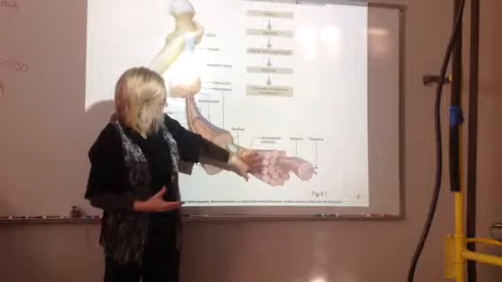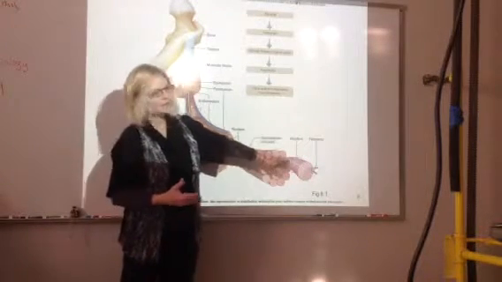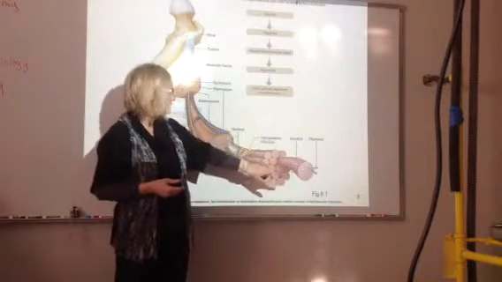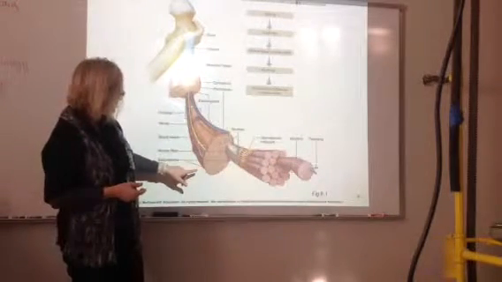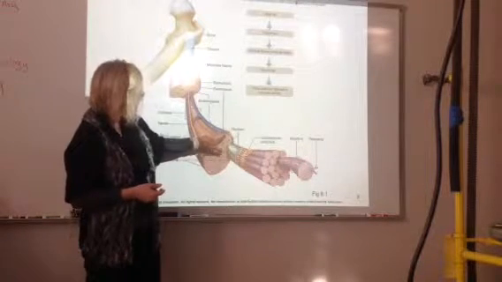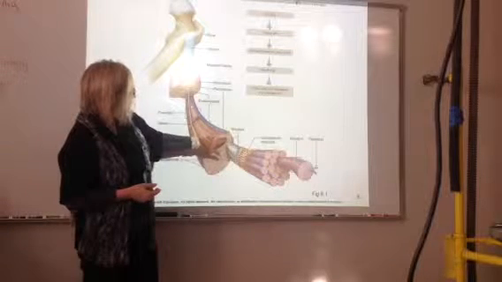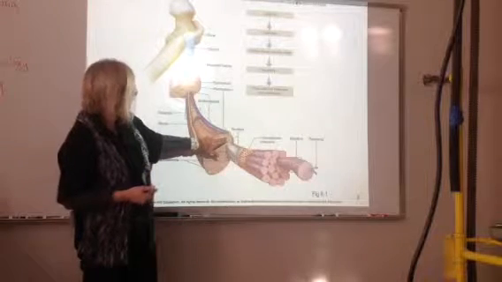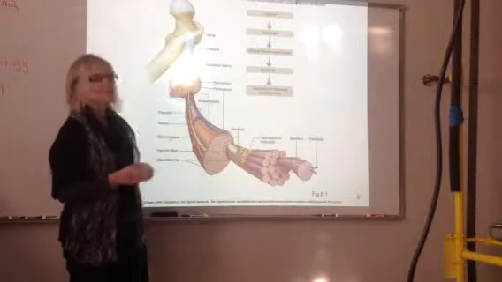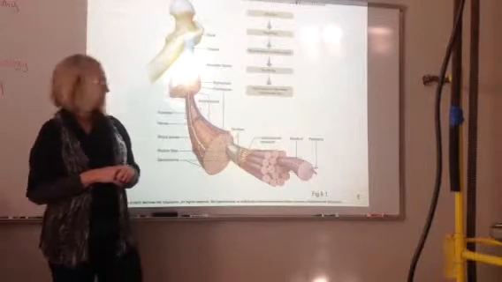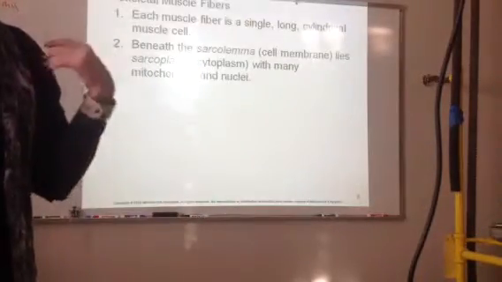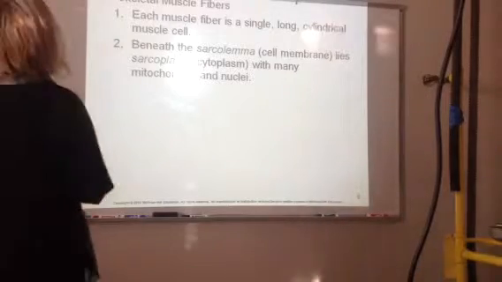And inside of that muscle cell, I'm going to have myofibrils and filaments, and we'll talk more about that later. But the endomysium is what's going to cover each individual muscle fiber. So endomysium inside, perimysium next, and then epimysium surrounds the whole thing. And those filaments and myofibrils are how your muscle actually contracts.